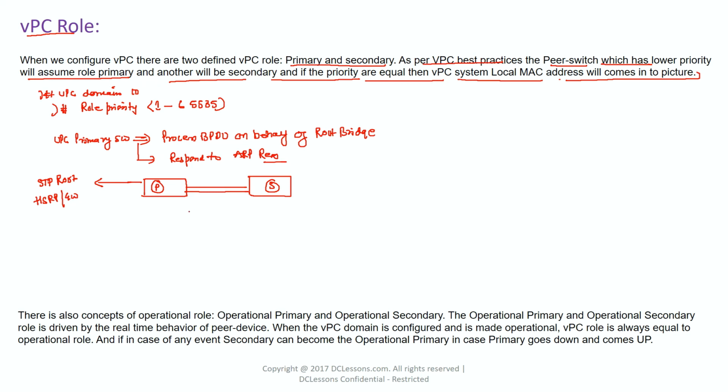Now, as soon as we configure a VPC primary and a VPC secondary role, there is also an operational role. So if switch 1 is a VPC primary, it will also assume the role of operational primary, and this switch will also assume the role of operational secondary.